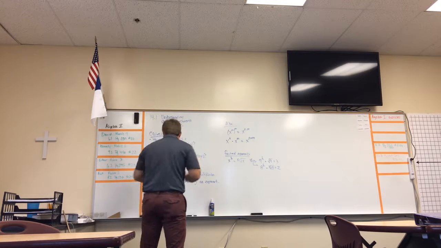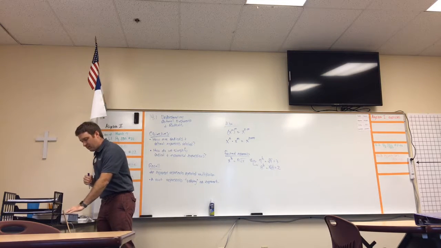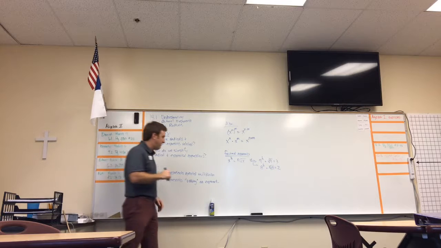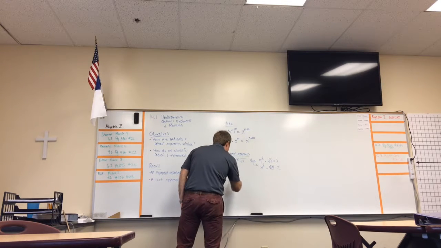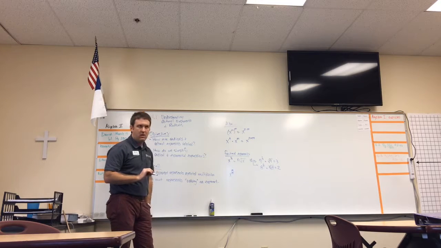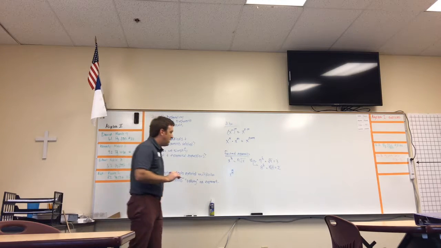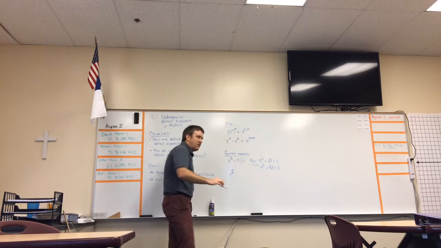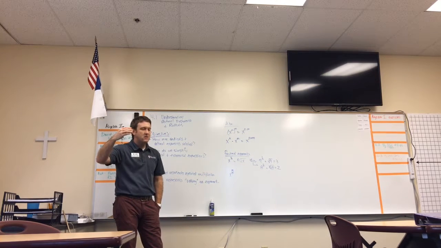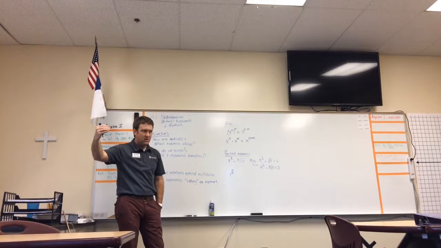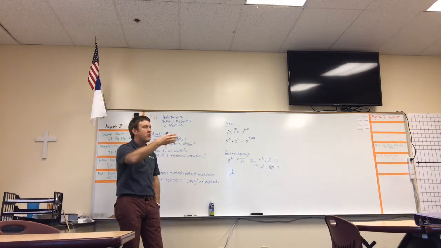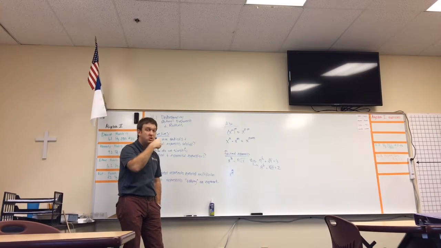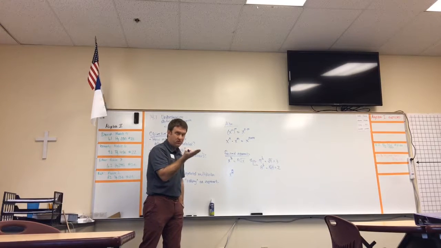So furthermore, building on that, if I have x to the m over n, well, m over n is just 1 on n times m, right? So 3 halves is just 3 times a half, right? Everybody with me?